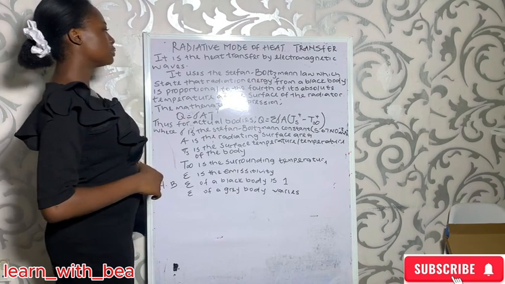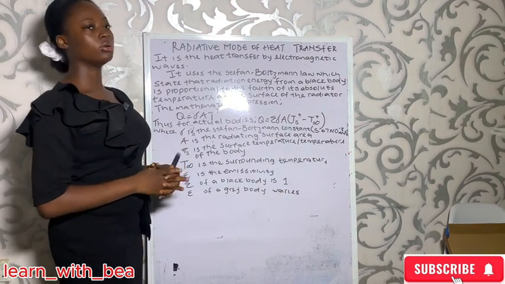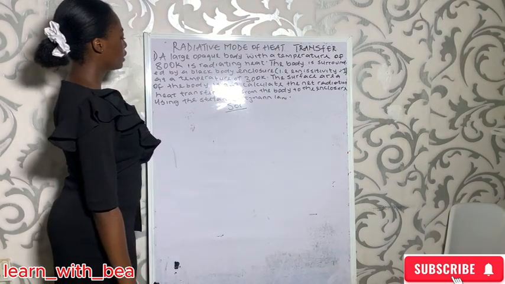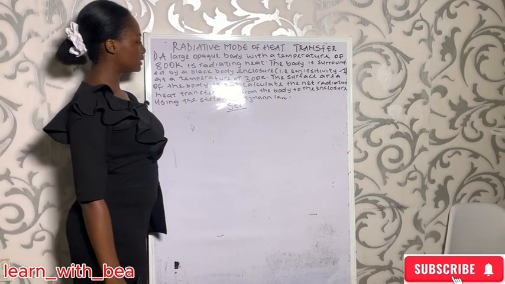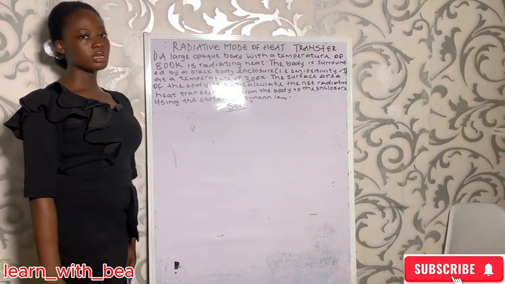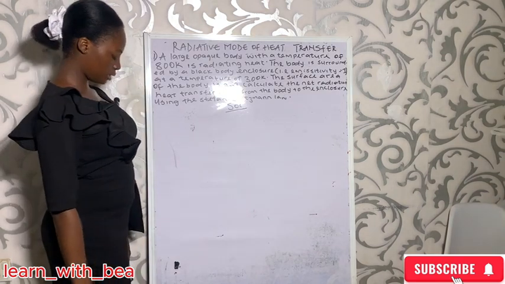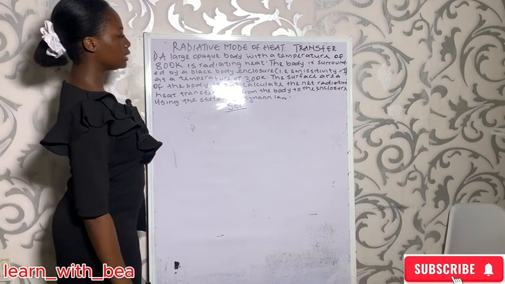So let's move to the first calculation question. A large opaque body with a temperature of 800 Kelvin. Sorry, I forgot to mention: for radiation, the temperature is always in Kelvin. It's not allowed to be in degrees. So, a large opaque body with a temperature of 800 Kelvin is radiating heat.